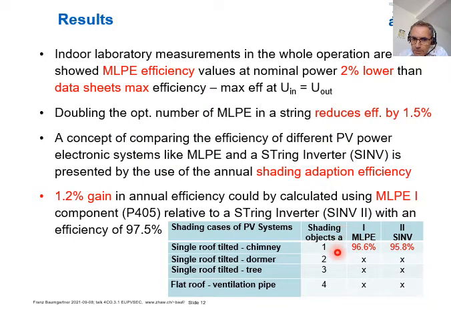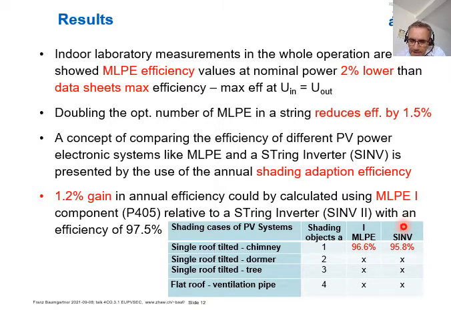Here at the bottom of the results, you see the MLPE system has 96.6%, which is in favor of about 1.2% relative to the standard, case 2, the standard string inverter system.